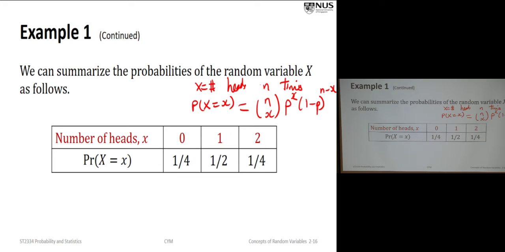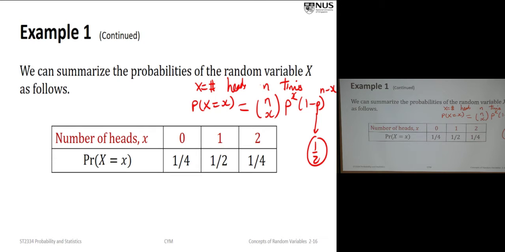In this example, p is just half. A fair coin, the chance of getting a head is half. The chance of getting a tail is 1 minus half, so it's half. So this is a formula. And the formula, we'll come back to this in the same chapter. So this formula is only valid when x equals 0, 1, 2, up to n.